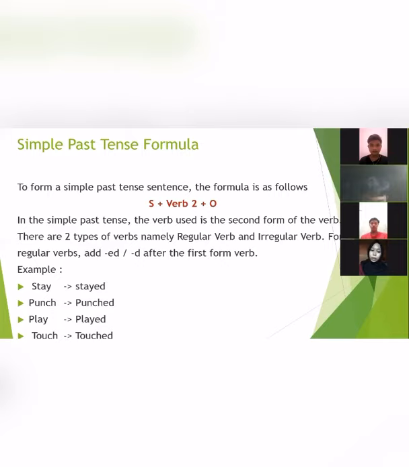There are two types of verbs, namely regular verbs and irregular verbs. For regular verbs, add ed or d after the first form of the verb. Example: stay to stayed, push to pushed, play to played, touch to touched. Next.